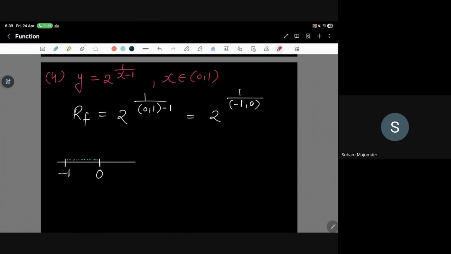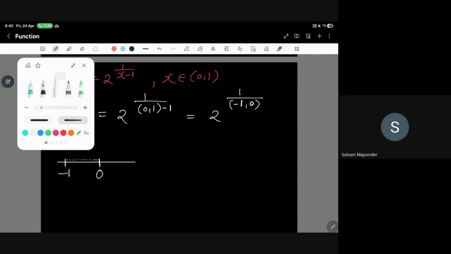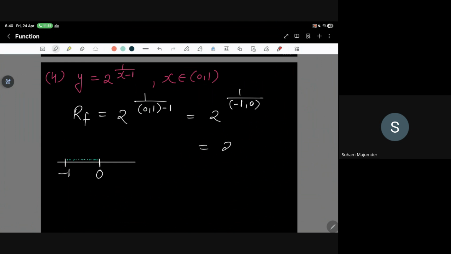So when you are very near to the 0, there will be a very small negative value here. So 1 upon very small negative value, that goes to minus infinity. And 1 upon minus 1 will be minus 1 only.